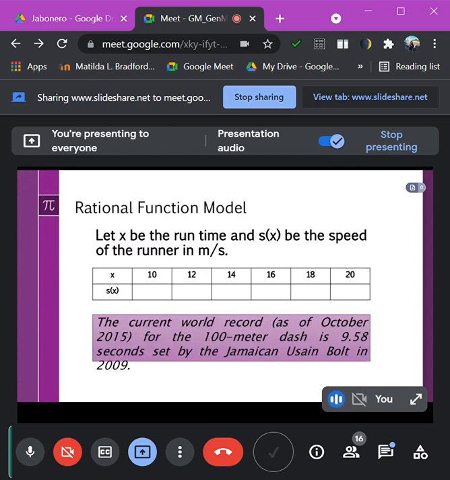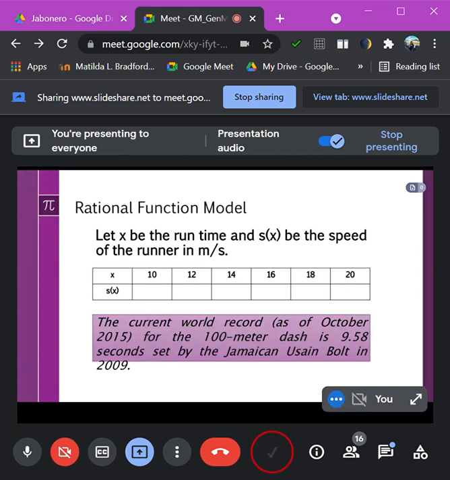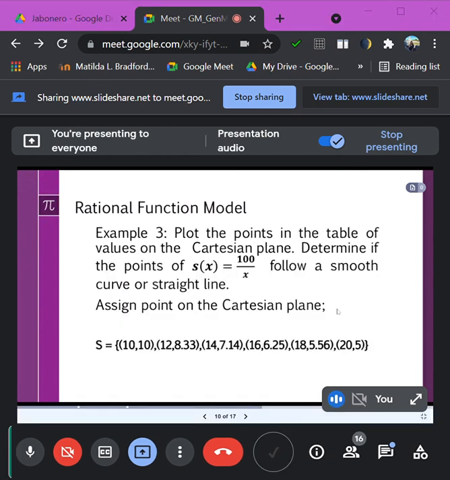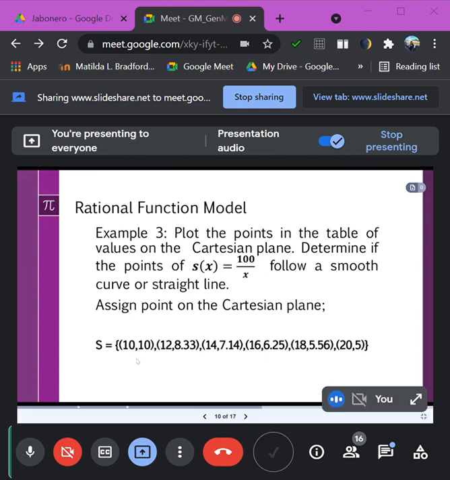So with that, we have already seen the representations. The first one was the equation, then the second is the table of values, and the third one is the ordered pairs. What we got a while ago by solving for the values of S of X can be written as ordered pairs.